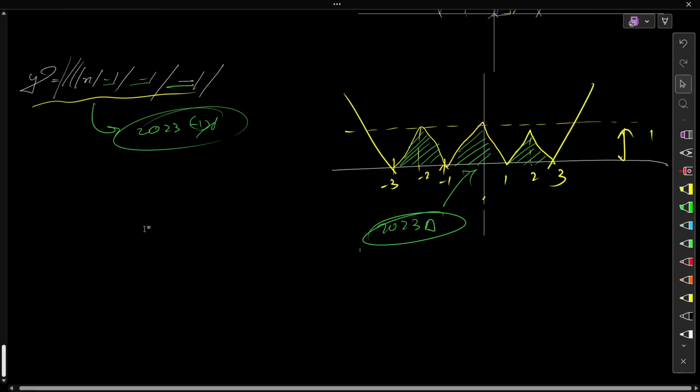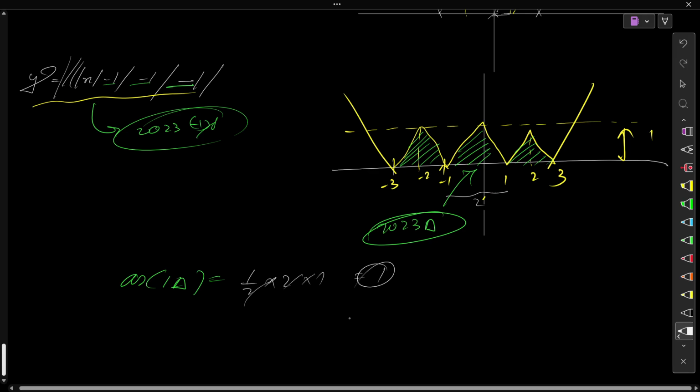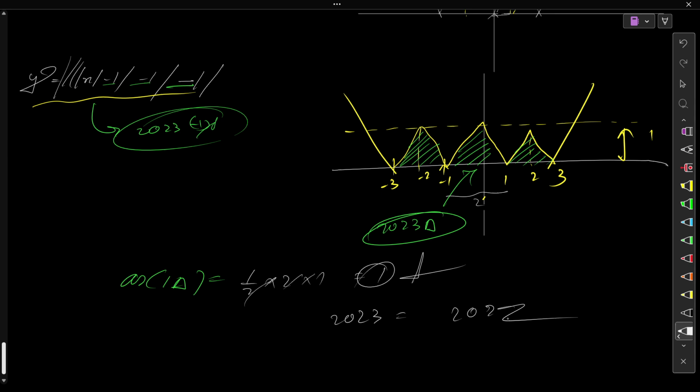Now one triangle has area equivalent to half times base, which is 2, multiplied by height, which is 1. So one triangle has area 1, and 2023 triangles would have area 2023 multiplied by 1.